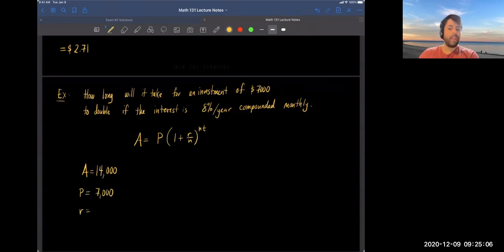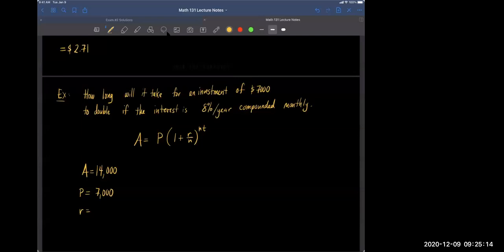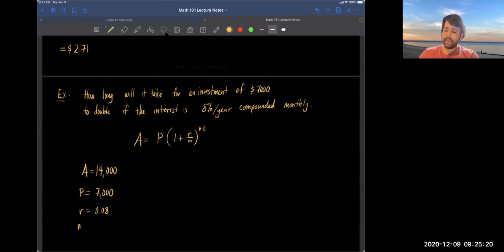R is 0.08. N is 12. T is what we don't know, because we're asked how long it will take.